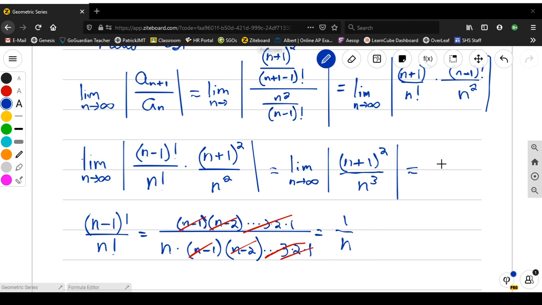This is going to be equal to 0. Well, since 0 is less than 1, we can say the series converges.